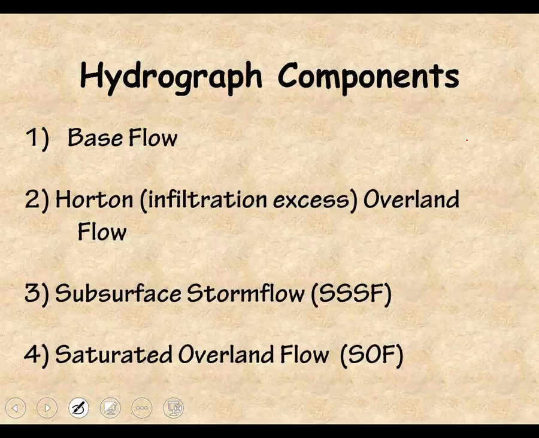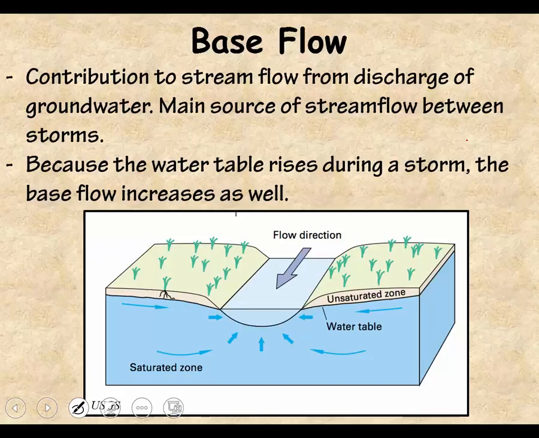But then we've got two more elements, and I'll have to define each of them: subsurface storm flow and saturated overland flow. Clearly, this is an enhanced flow beneath the ground. Think of it as throughflow. And here's something that's still overland flow, but it's not exactly Horton overland flow. So let's see what that might deal with.